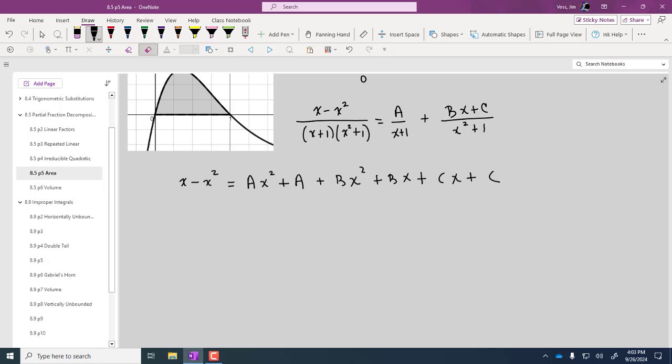So if we add, no, let's subtract. Let's get rid of A. I'm going to take equation 3 and subtract off equation 1.